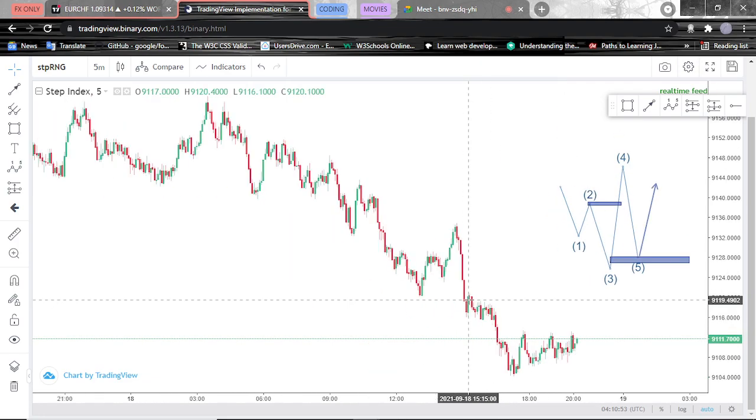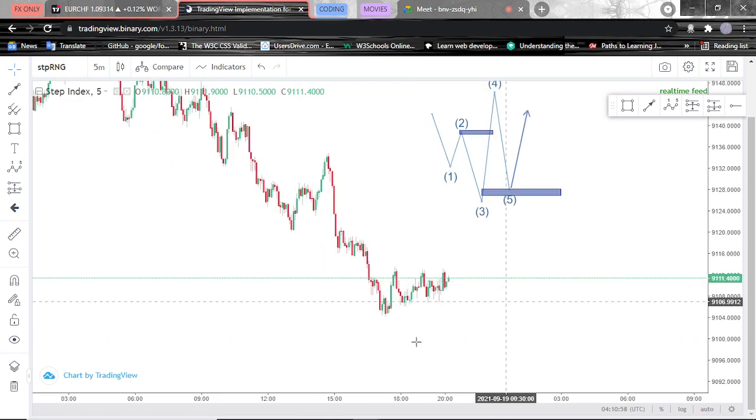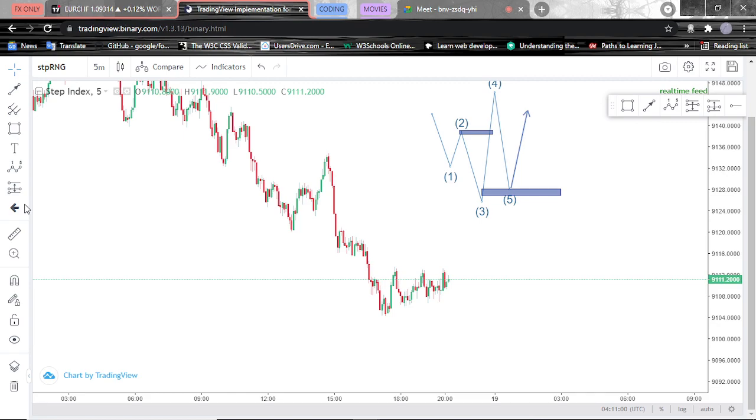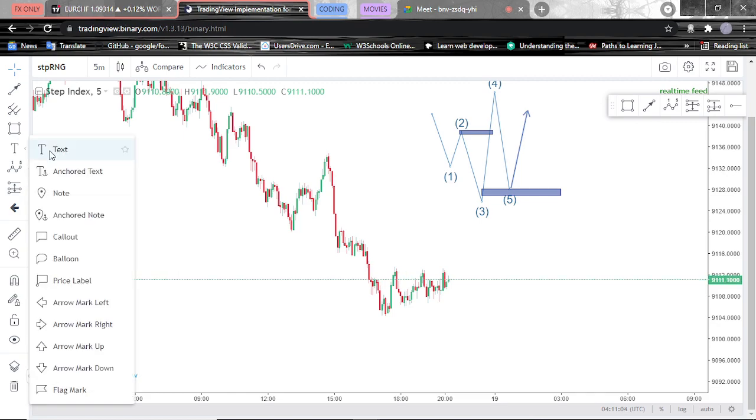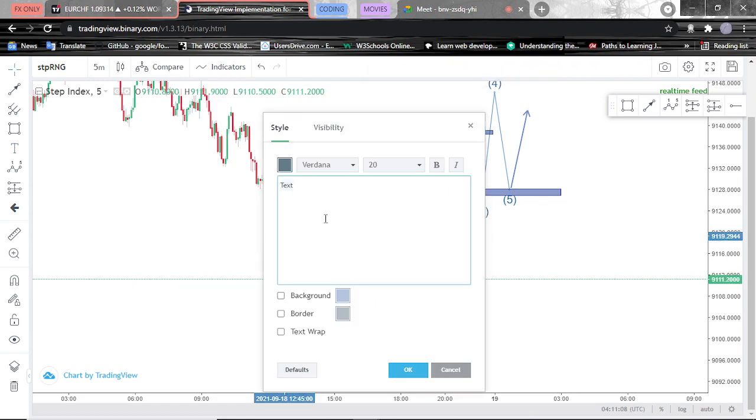Now, where is the break of structure? Where can we find the break of structure? We can see here. Let me start labeling from here. I just want to help that young man. That's the lower low.